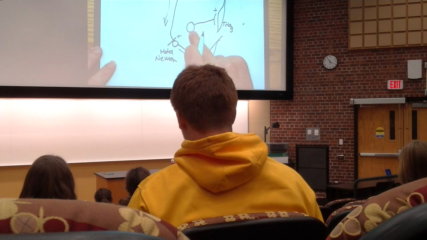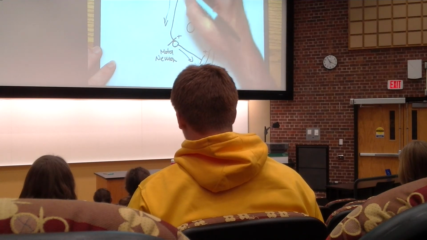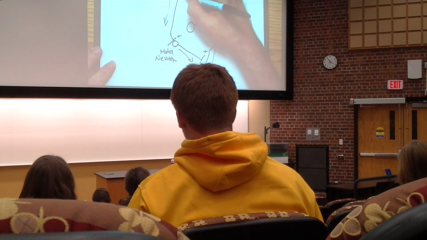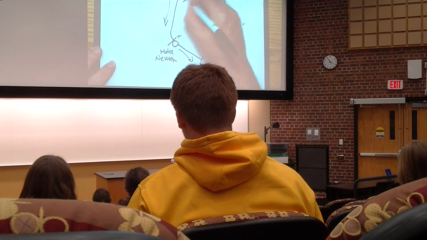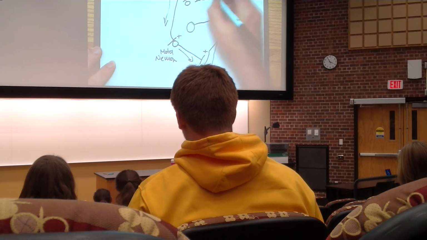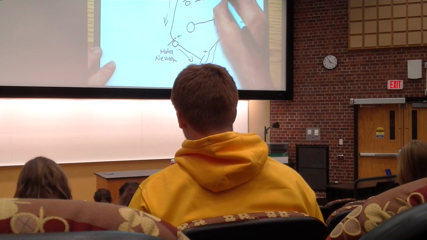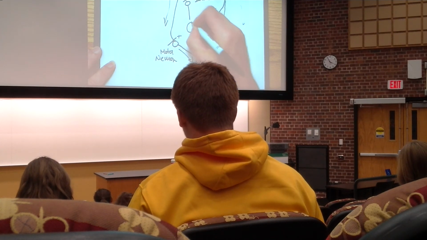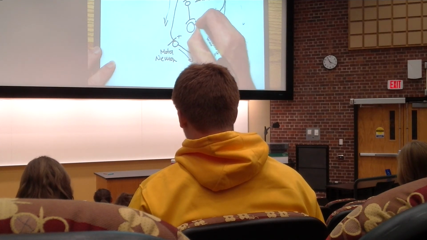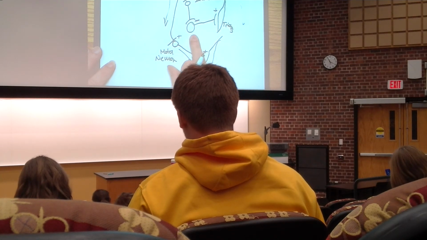We have to decrease activity of this motor neuron. And the way we do that is to have this same neuron, its axons branch, synapse on an interneuron, and have this interneuron make an inhibitory synapse on the motor neuron.